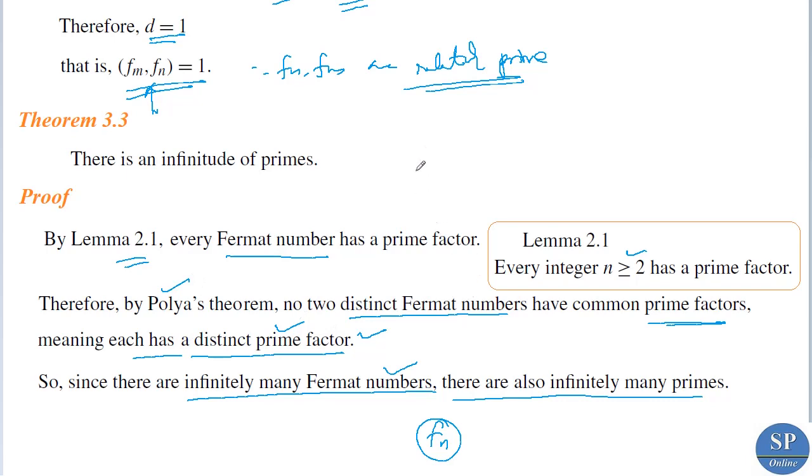If you take any two Fermat numbers, the GCD is equal to 1, so there are no common prime factors. Since Fermat numbers are infinitely many, we have infinitely many primes.